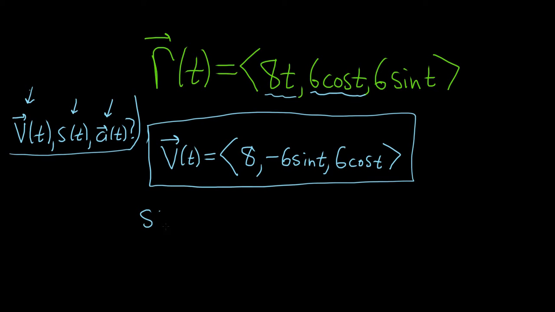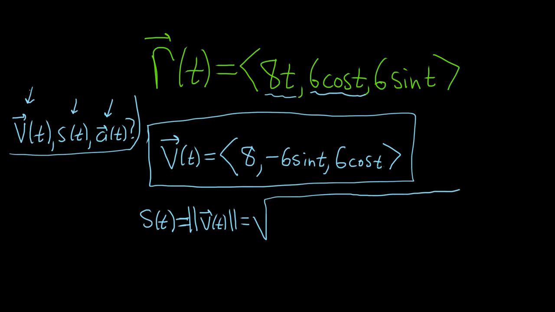The speed is the magnitude of the velocity. So let's work that out. So it's going to be the magnitude of the velocity. Basically, the formula says that we take the square root of the sum of the squares of the components. So it'll be 8 squared plus parentheses negative 6 sine t squared plus parentheses 6 cosine t squared.